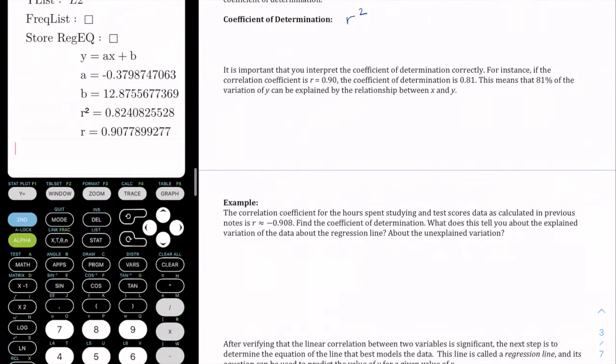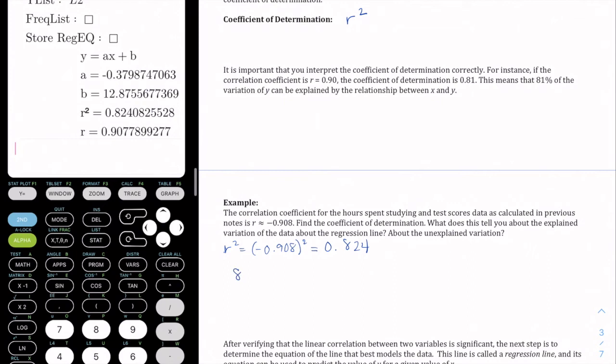So, the correlation coefficient for the hours spent studying and the test scores data as calculated in previous notes is R approximately negative 0.908. Find the coefficient of determination, and what does this tell you about the explained variation of the data? So here's what's nice. If you look over at our calculator, it already gives us R squared. So you can either take the negative 0.908 and square it, or we automatically know that it's going to be 0.824. Okay. So we're going to change that to a percent.